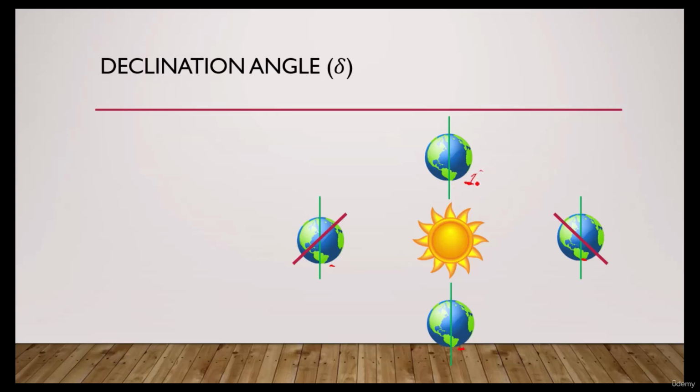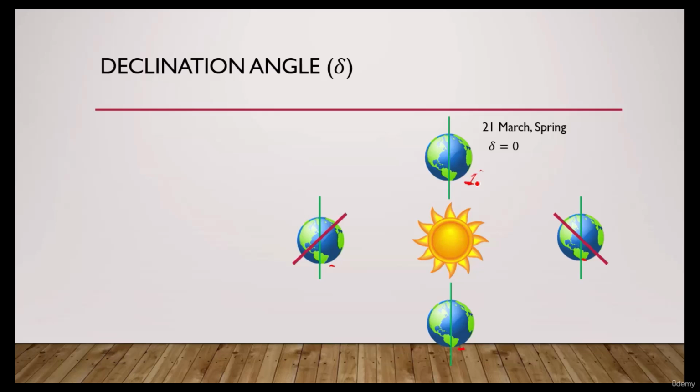At the first part, the declination angle is typically 0, as the angle between the universe axis and the Earth axis is 0. It occurs on 21st March in spring.